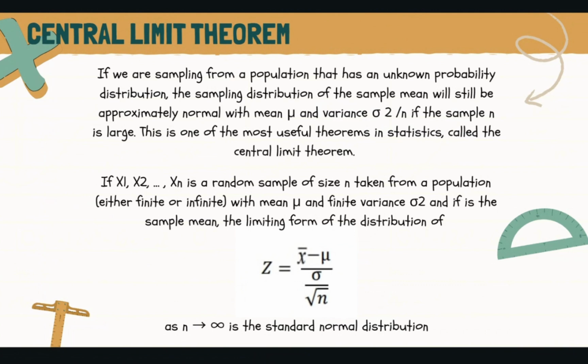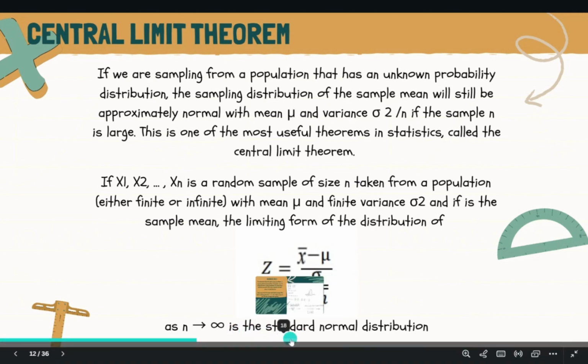If x1, x2 until xn is a random sample of size n taken from a population, either finite or infinite, with mean mu and finite variance sigma squared, and if x bar is the sample mean, the limiting form of the distribution of z equal to x bar minus mu over sigma over the square root of n, as n goes to infinity, is the standard normal distribution. Next slide, please.